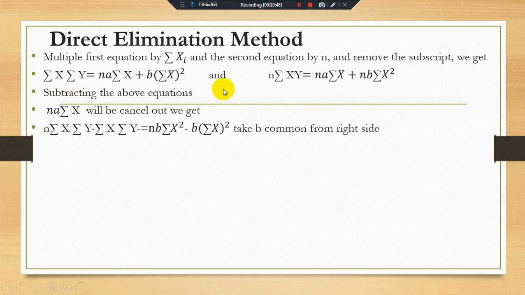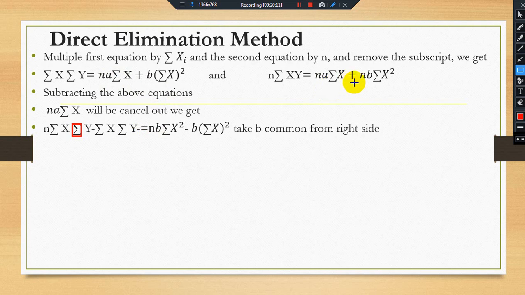Here I have used a wrong summation, so you can remove it. So it is n summation xy minus summation x summation y is equal to nb.